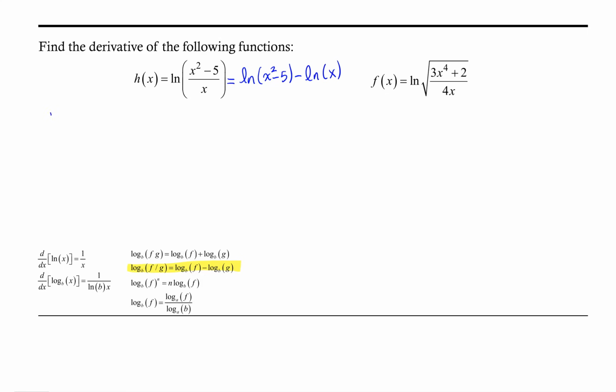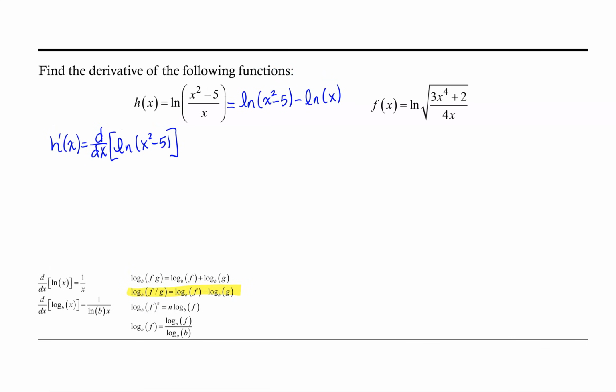And then when I go to find my derivative, h prime of x will be the derivative with respect to x of the natural log of (x squared minus 5) minus the derivative of the natural log of x.